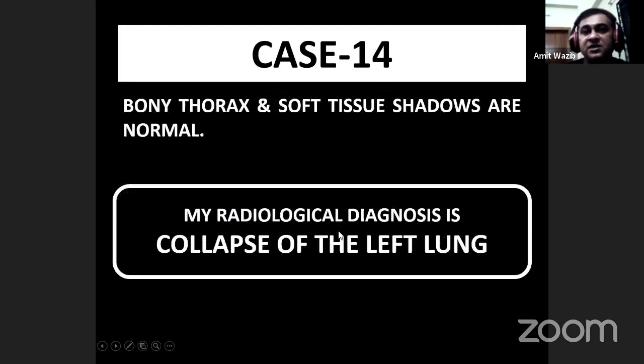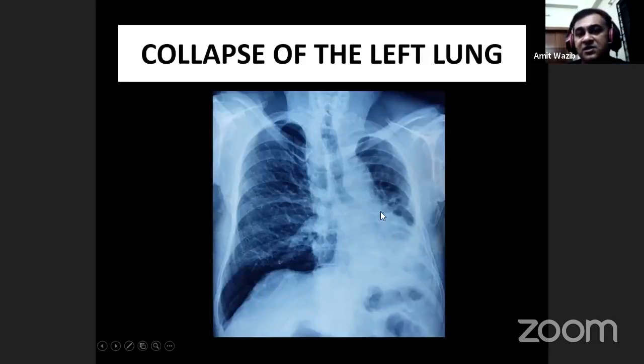So you will be asked whether the entire left lung is collapsed. The answer will be no. So then what? It could be middle lobe collapse, it could be lower lobe collapse. It appears to be a lower lobe collapse, but to confirm which lobe has collapsed, you have to go for a left lateral view X-ray. So we need to do an X-ray chest, left lateral view, to confirm which lobe of the left lung has collapsed.